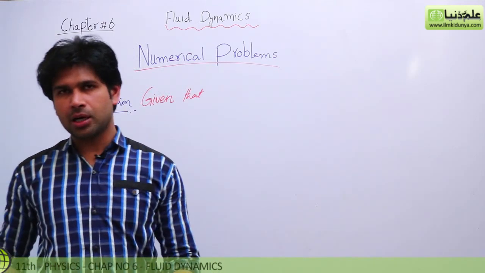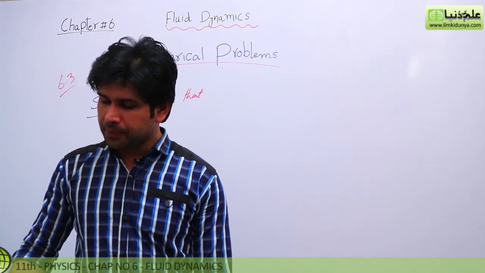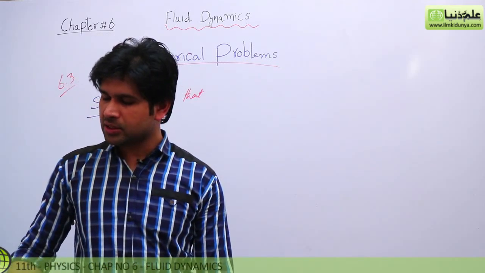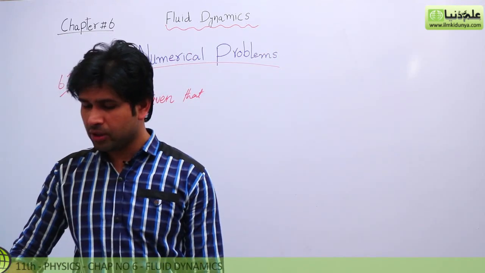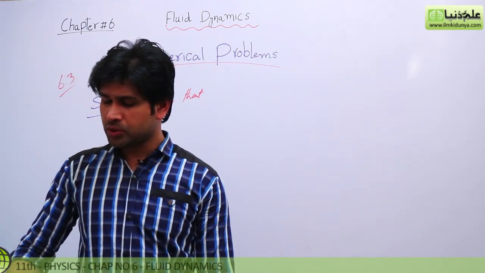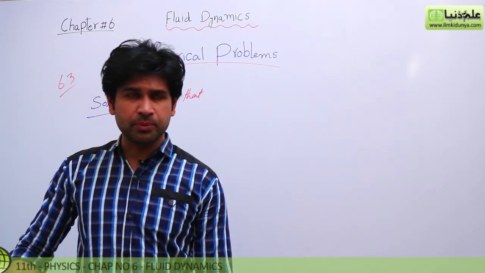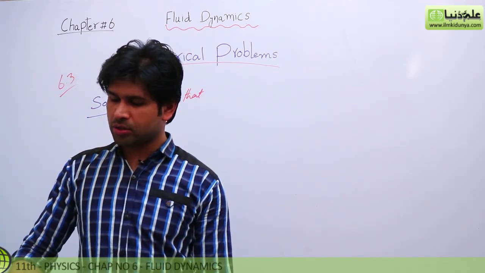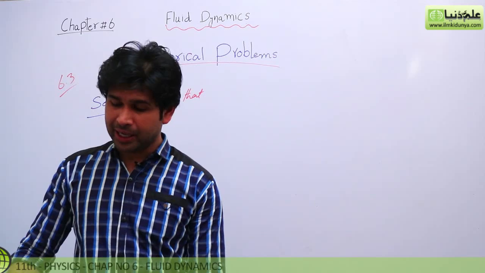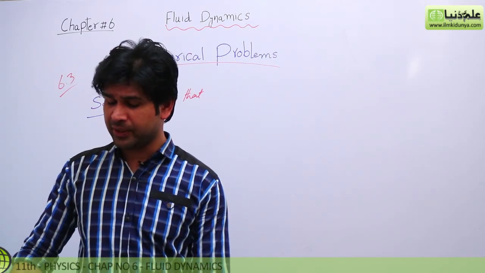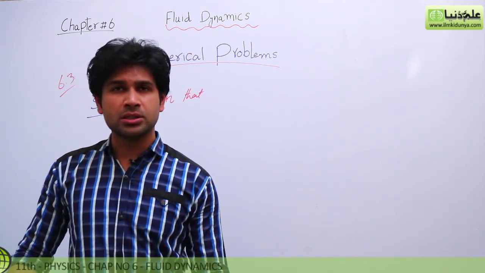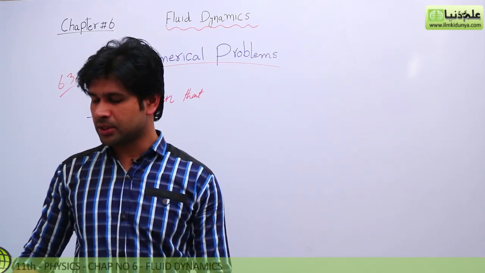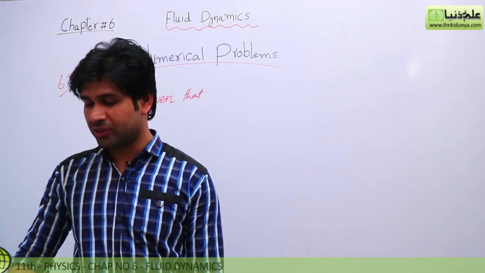I will repeat the statement. The pipe near the lower end of a large storage tank develops a small leak and a stream of water shoots from it. The top of water in the tank is 15 meter above the point of leak. With what speed does the water rush from the hole? This is A, and what is B? B is that if the hole has an area of 0.60 centimeter square, how much water flows out in 1 second?